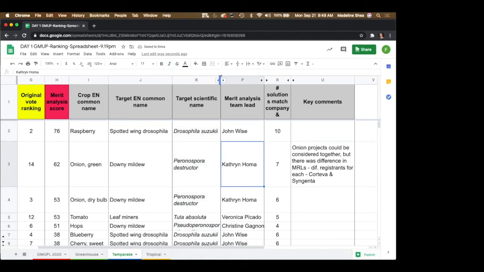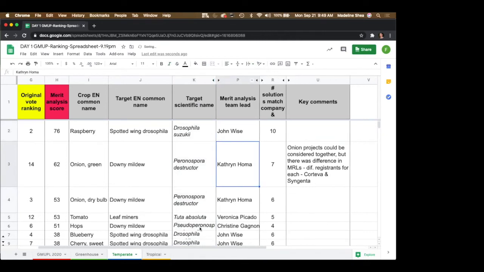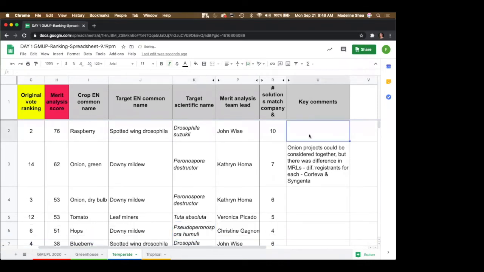Yeah, I think going back to the previous comment which was made on the crop grouping, we should really put that into consideration if we really have to look at the ranking again.